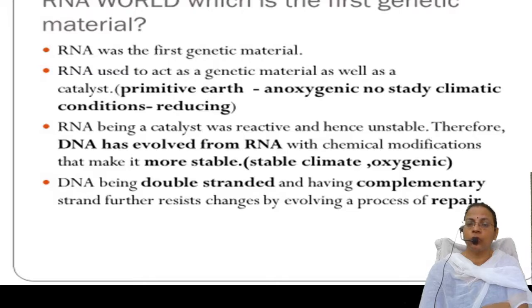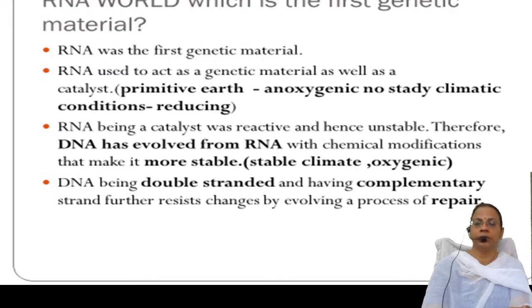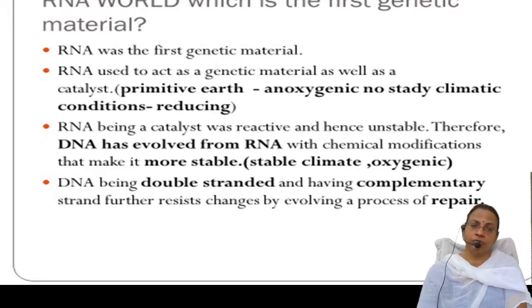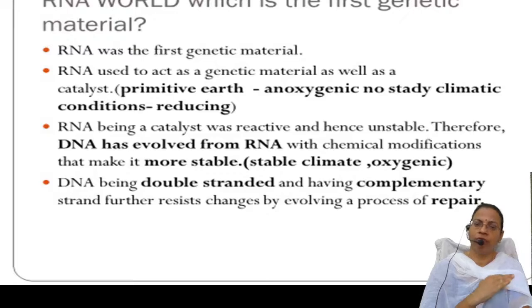The total atmosphere, the condition of the earth, has become very stable. Climate also very stable. Enough and abundant amounts of oxygen. So from reducing climatic conditions, it has transformed into a stable one. At that time, the stable molecule was gradually preferred, and the RNA molecule was replaced by DNA, which is more stable because it is double stranded with complementary base pairing, stacking of nucleotide base pairs one over the other.